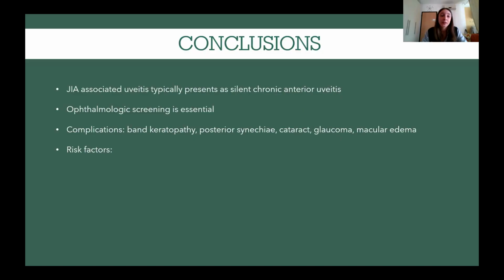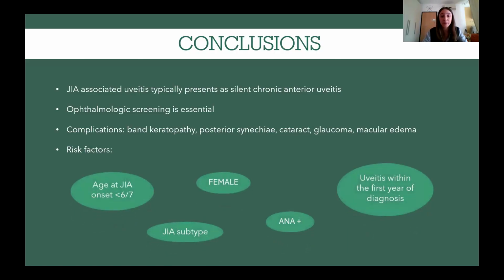Many studies said that there are important risk factors such as female sex and ANA positivity, and uveitis usually occurs within the first year from diagnosis. And children diagnosed with JIA under the age of 6 or 7 are more likely to develop uveitis, and this justifies a narrow screening interval.